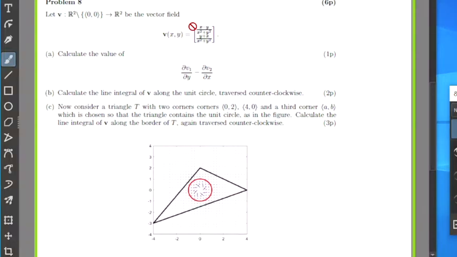And then the very first question is to calculate the value of the partial derivative of the first component with respect to y minus the partial derivative of the second component with respect to x. That we can simply do. I will not invest time writing down the actual calculation here. You could also do it using a computer algebra system. The answer is 0.